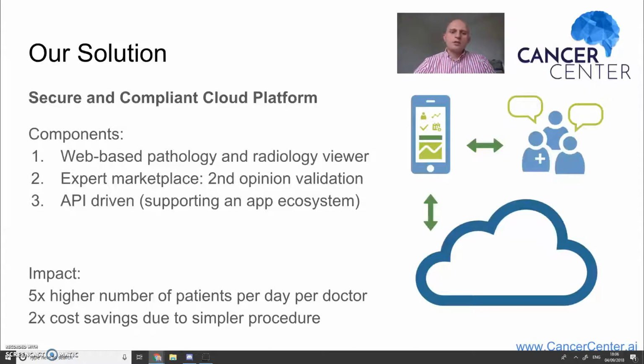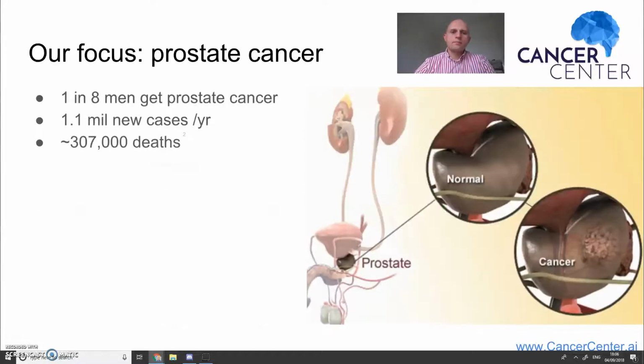Our aim is to make high-quality cancer diagnosis available anywhere in the world, regardless whether you live in a rich or poor country. After examining the market, we decided to laser focus on prostate cancer to start with. This is the second most common in men, with over 1 million new cases every year.